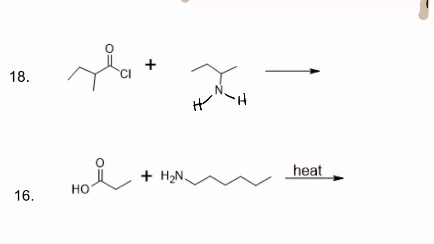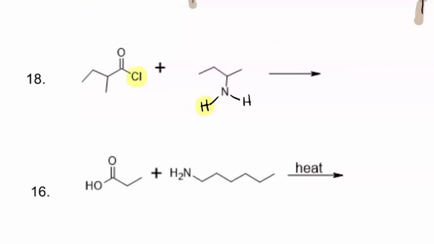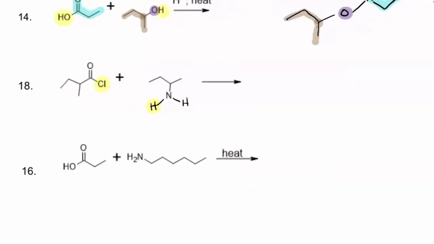The HCl comes from the Cl in the acid chloride combining with one of the hydrogens in the amine. So that's what forms the HCl.